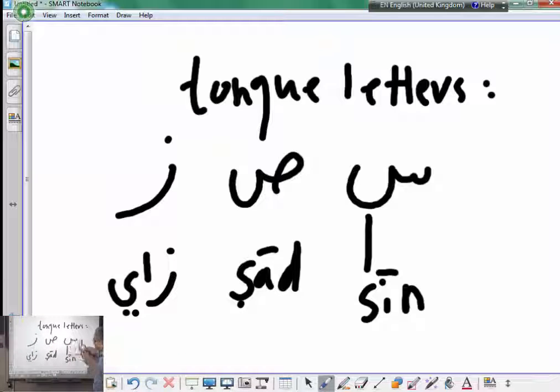So these letters should be pronounced by pushing the tip of the tongue to the bottom of our lower front teeth. So try with me.